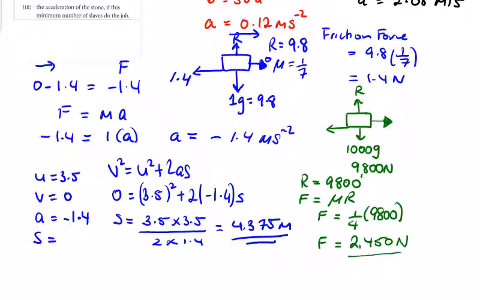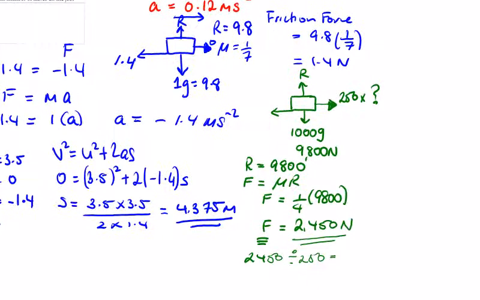We need to pull it with more than this force to get it moving. If I divide the limiting friction by the 250, how many of them are we going to need? 2,450 divided by 250 is going to be 9 point something. 9.8, bang on. So we're going to need 10 slaves.